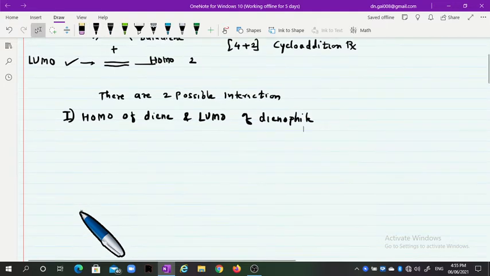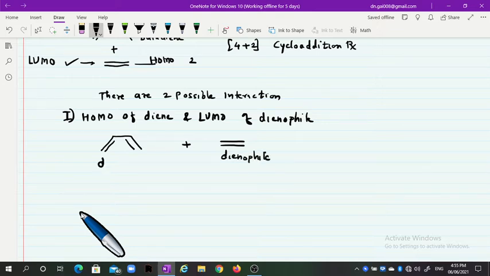This is our diene system plus dienophile. Ethylene is our dienophile, and this is the diene system. In this we firstly consider HOMO of diene and LUMO of dienophile.